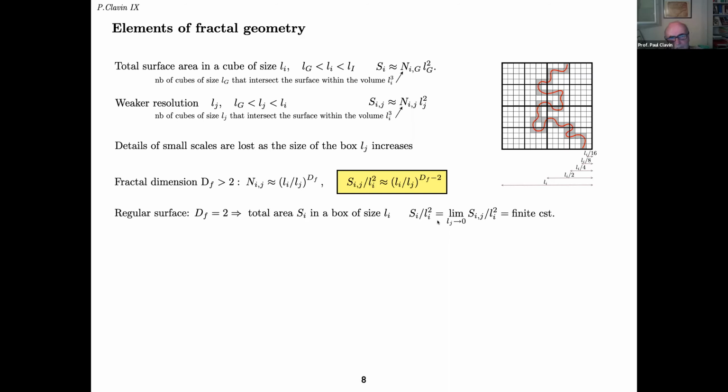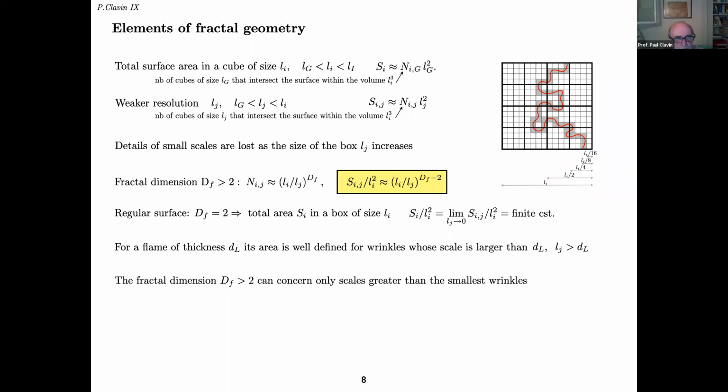So a regular surface is defined by the fractal dimension, which is 2 by definition. And a surface which is fractal has a fractal dimension larger than 2.